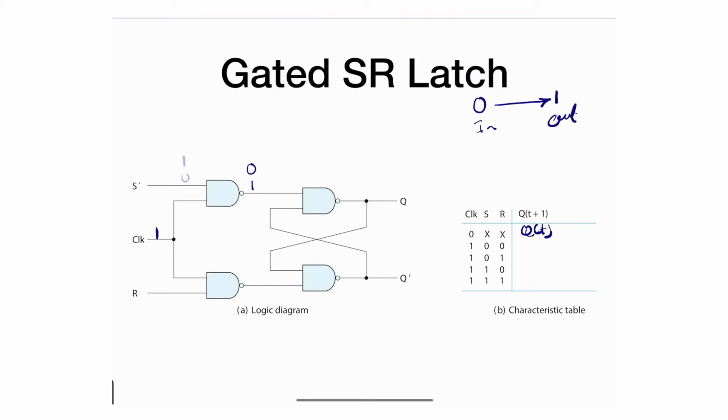So technically what you see at the output of this NAND gate is just S prime, or S bar, and this will be R prime, or R bar. And now what I have in the table is just a normal SR latch. So if you have your clock at 1, the rest of it is a normal SR latch, with S and R having the same meaning as in the NOR gate version.